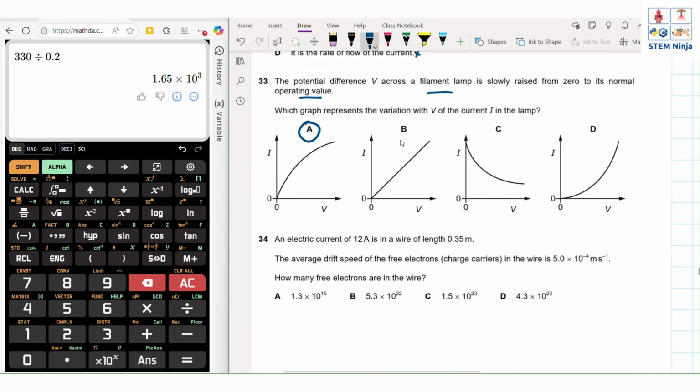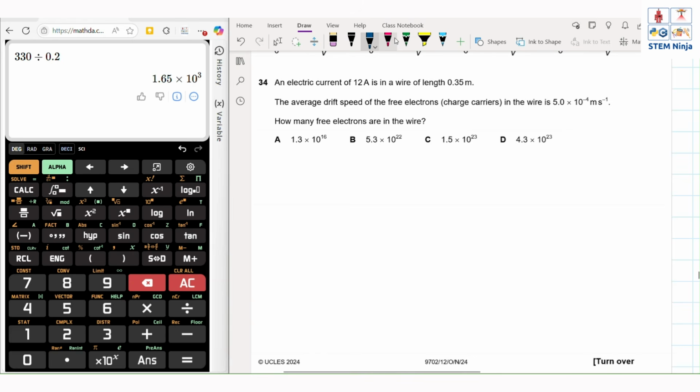An electric current of 12 ampere is in a wire of length 0.35 meters. The average drift speed of the free electrons, the charge carriers, in the wire is this. How many free electrons are in the wire? Okay, so we have I = nAev. n is the number density, basically the number of charges per unit volume.